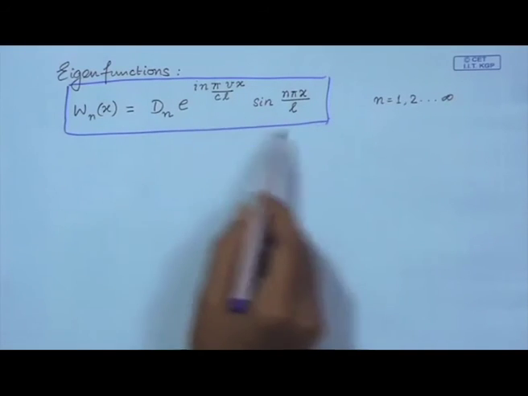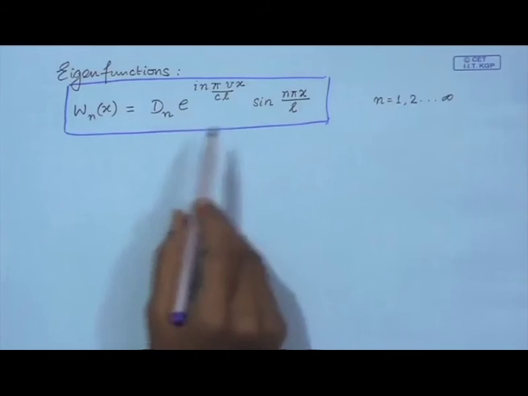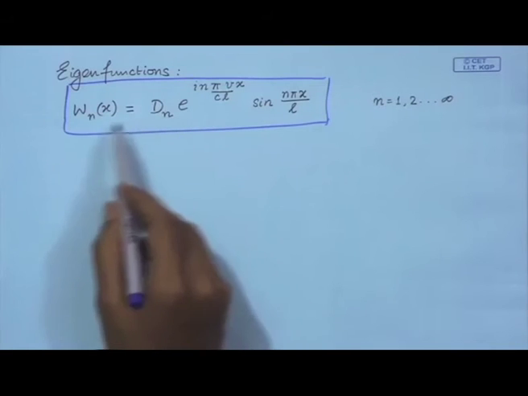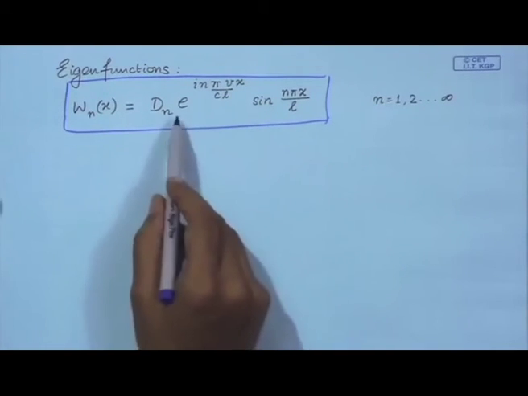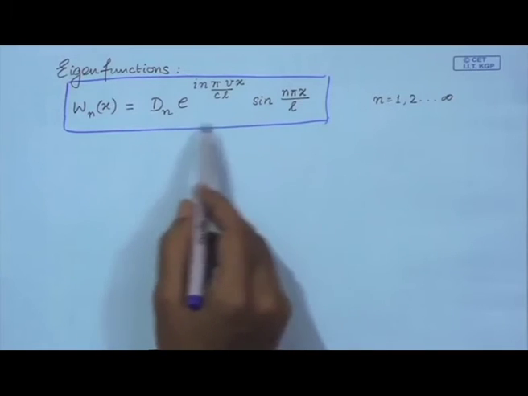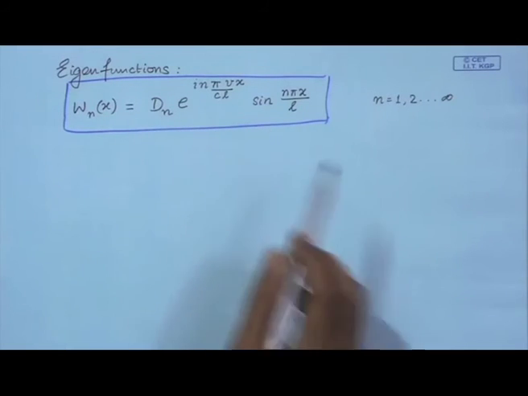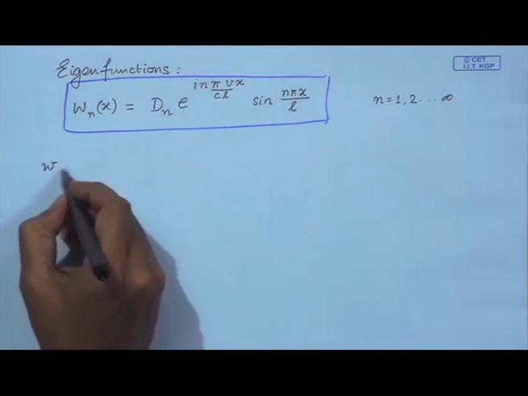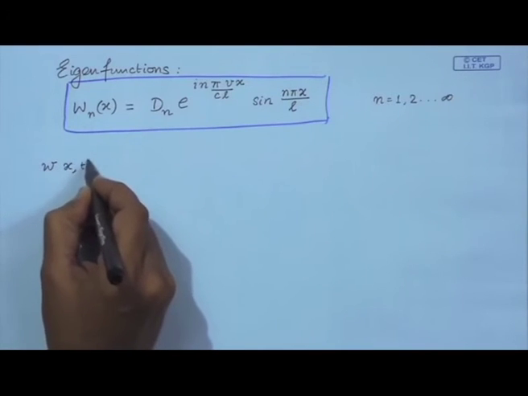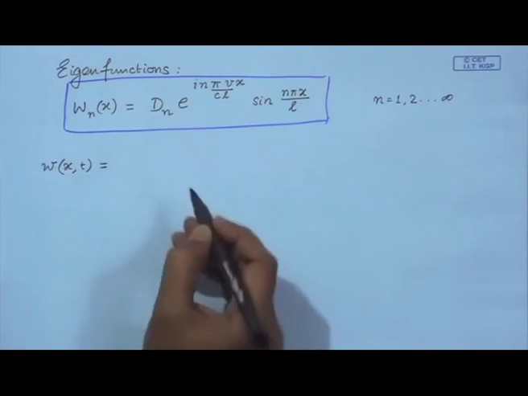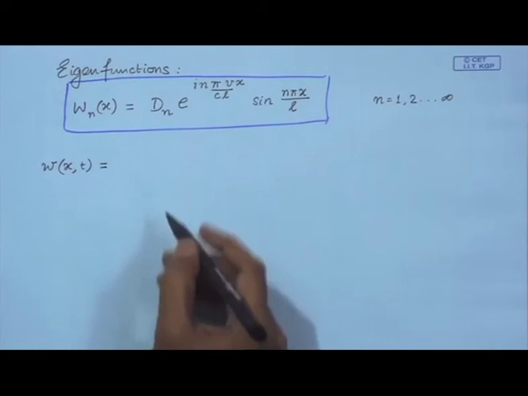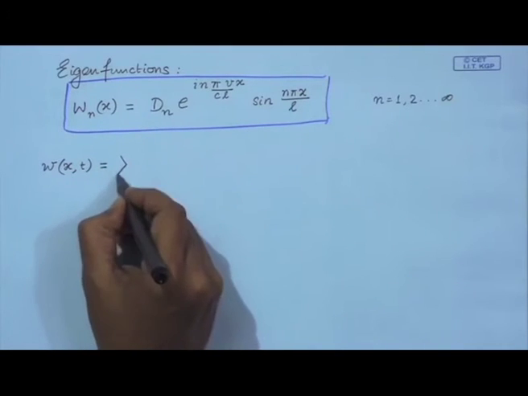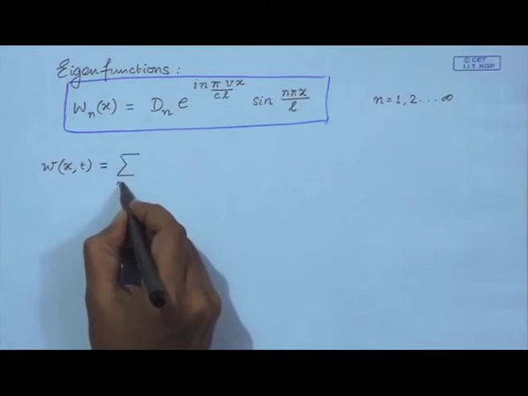Now, you can immediately see that this is complex. Here d is an arbitrary constant which can be used to normalize the eigenfunctions. So, you see that these eigenfunctions are all complex. Therefore, we can now write down our general solution using these eigenfunctions, linearly combining them.